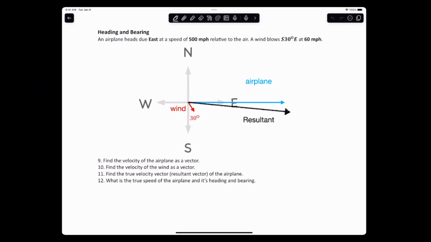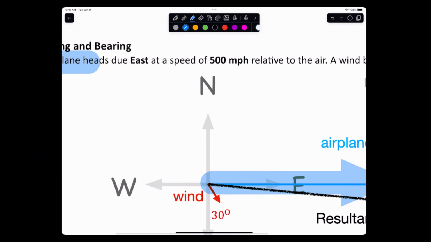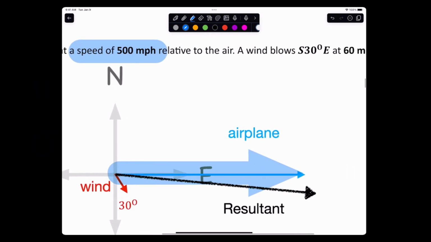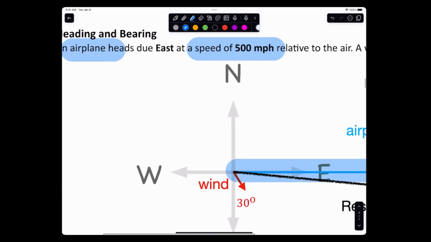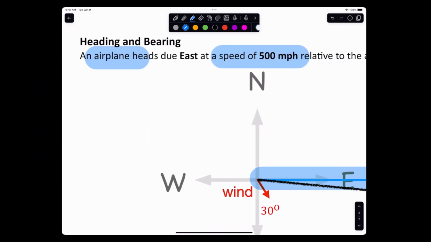Now, they're referring to the airplane without the wind. So if it's going due east, this is the vector. And then they say the speed of that airplane is 500 miles per hour.